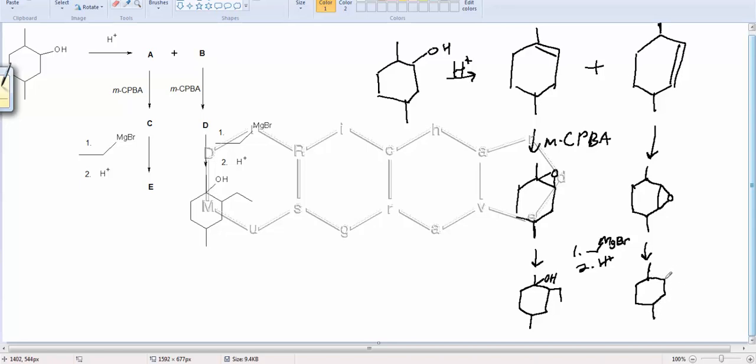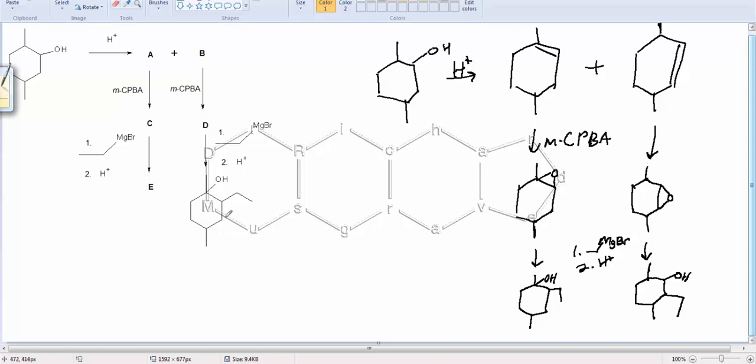Now as I've said, I know that this product matches this one here. I can actually see that. It looks pretty much the same. Sorry, this one right here.